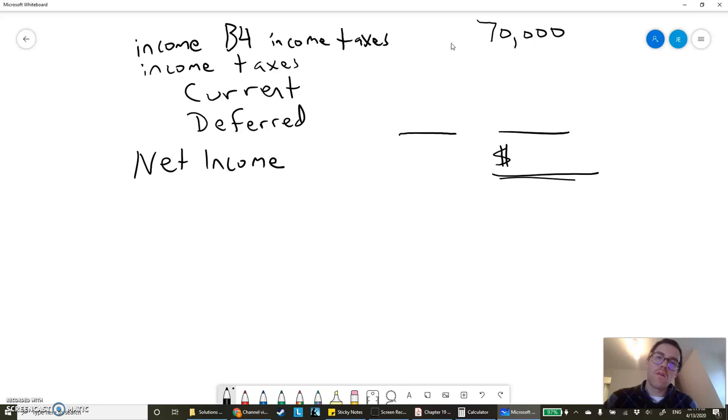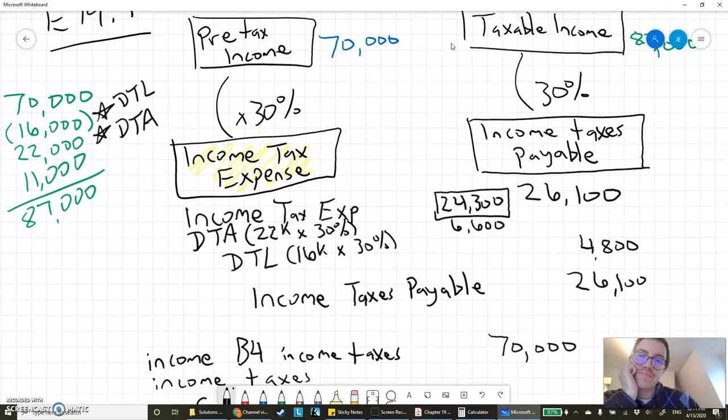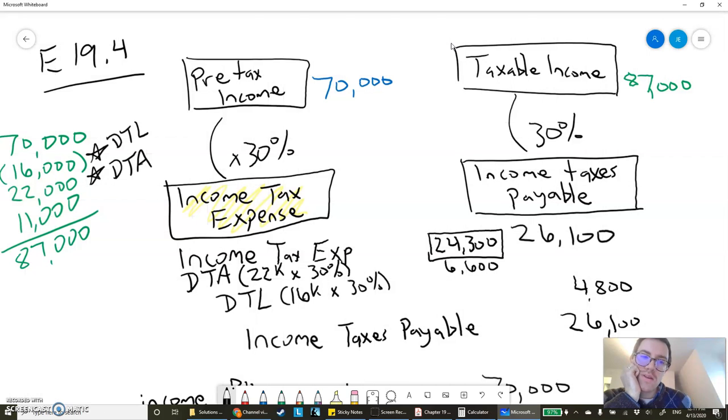That's kind of the structure of it. Okay, and so for current, if we look at this problem here, the current that you actually have to pay is going to be 26,100. That's the amount you actually owe right now. And then you look at the deferred, you're going to net the DTA and the DTL.